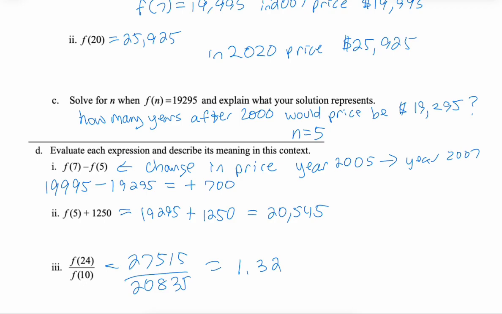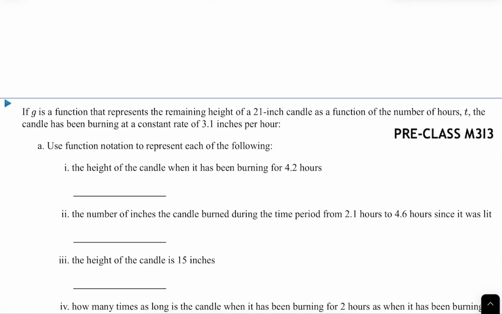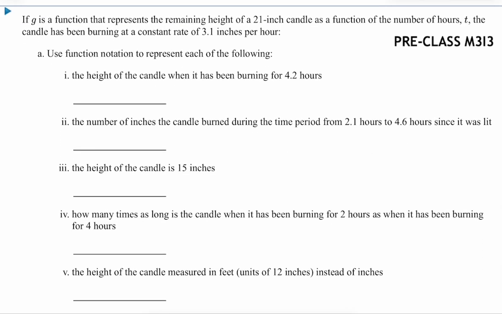So go ahead and turn that in, and then go into your iMath, and please open up the pre-course M33, which is due today. So it should be on your calendar for today. It looks something like that. They're talking about a candle.